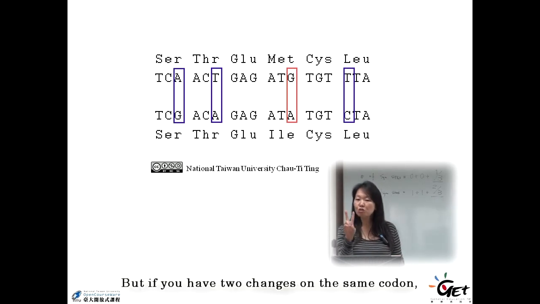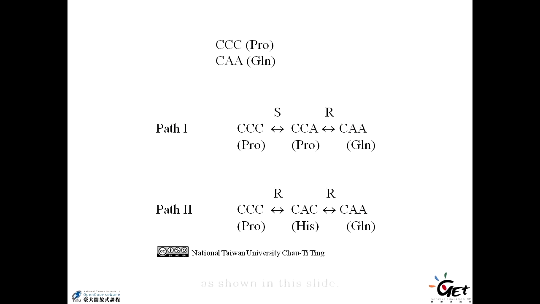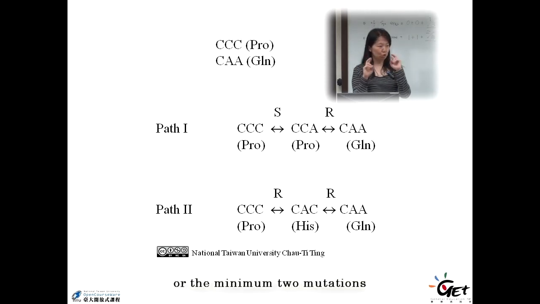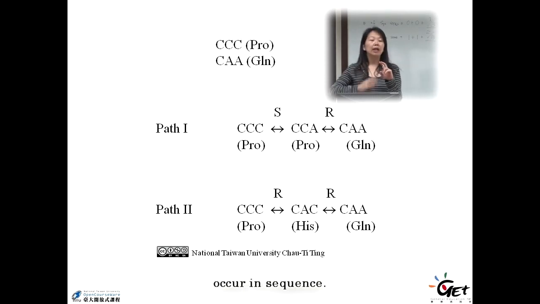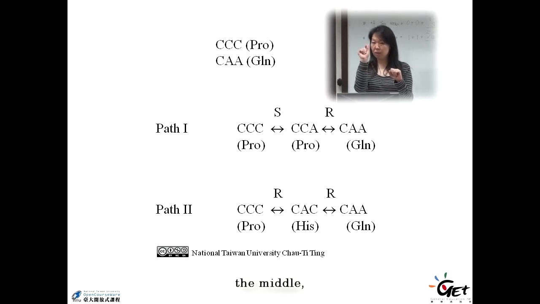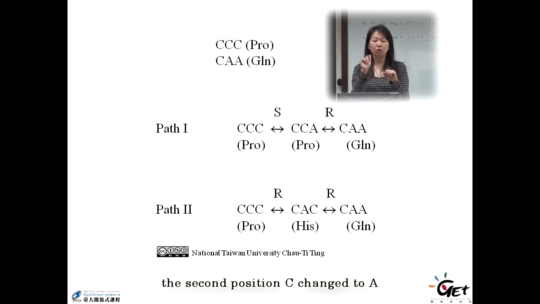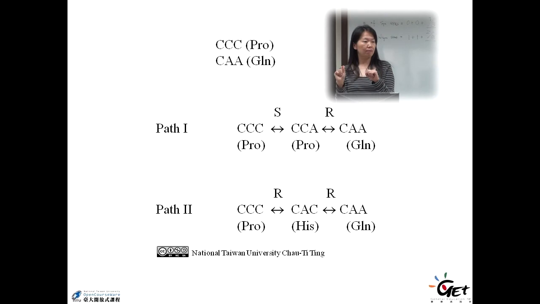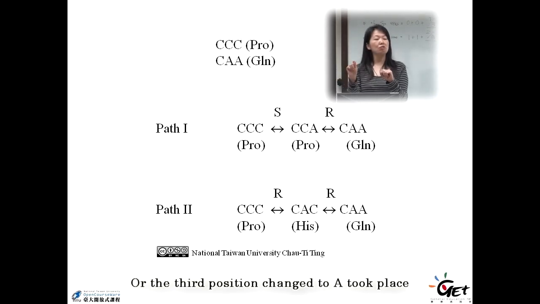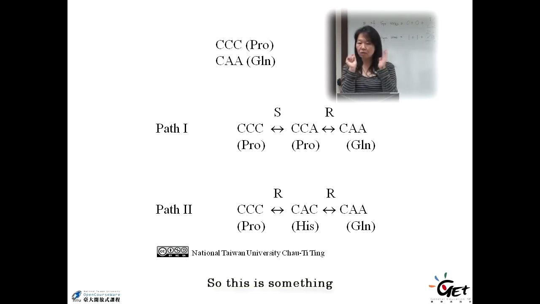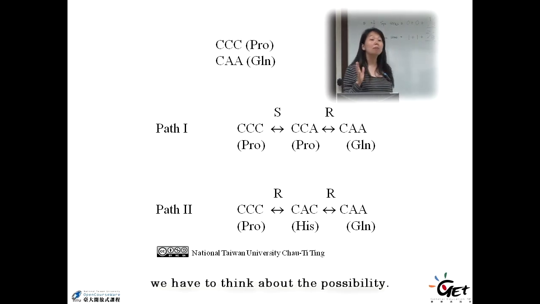But if you have two changes on the same codon, as shown in this slide, now the question is how the two mutations, or the minimal two mutations, occur in sequence. So whether the second position C changed to A occurred before the third position changed to A, or the third position changed to A took place earlier than the second position changes. So this is something we have to think about, the possibility.